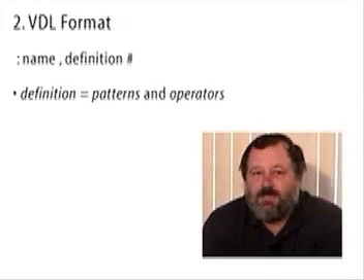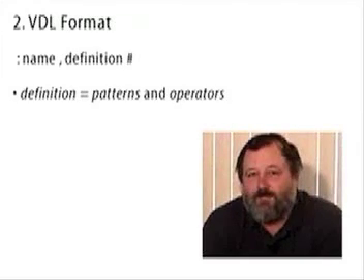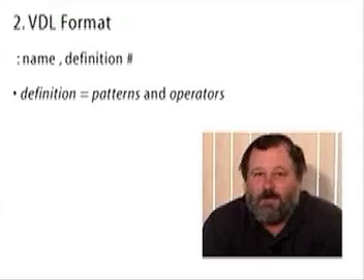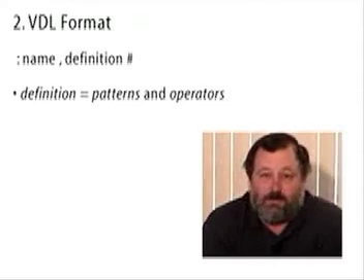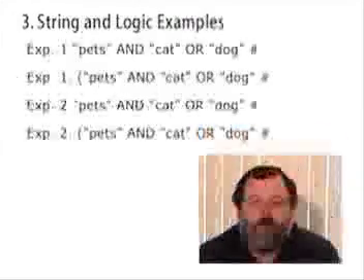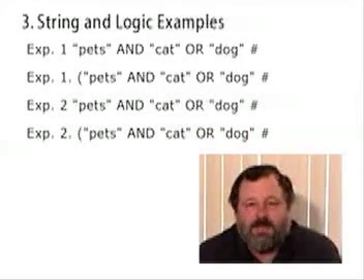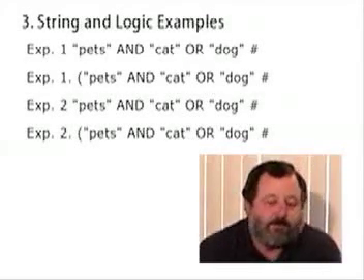The simplest kinds of operators in a VDL definition are the logic operators, logical and or being the primary two, and CVDL also includes exclusive or and the not or negation operator. Let's start by looking at the CVDL string and logic examples shown here.